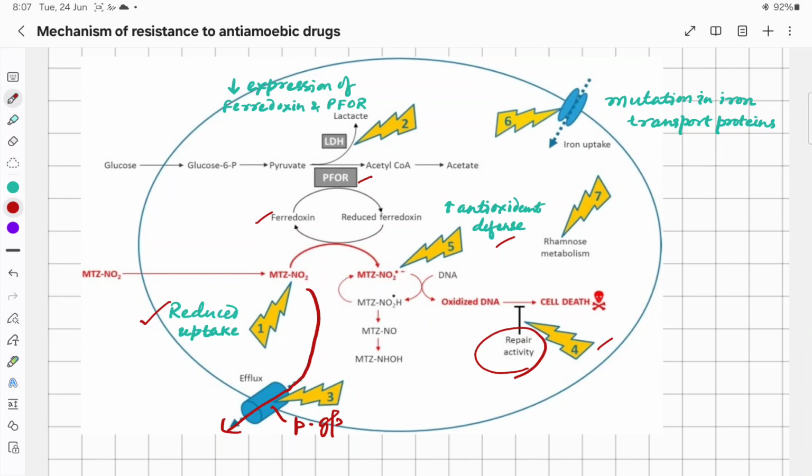There can be mutation in the iron transport protein, which will affect the level of ferredoxin. There can be increased rhamnose metabolism, which can alter the pyruvate metabolism and affect the level of PFOR. And also there can be alteration in the ribosome, which is the target of all the drugs affecting protein synthesis. This can be the eighth mechanism.